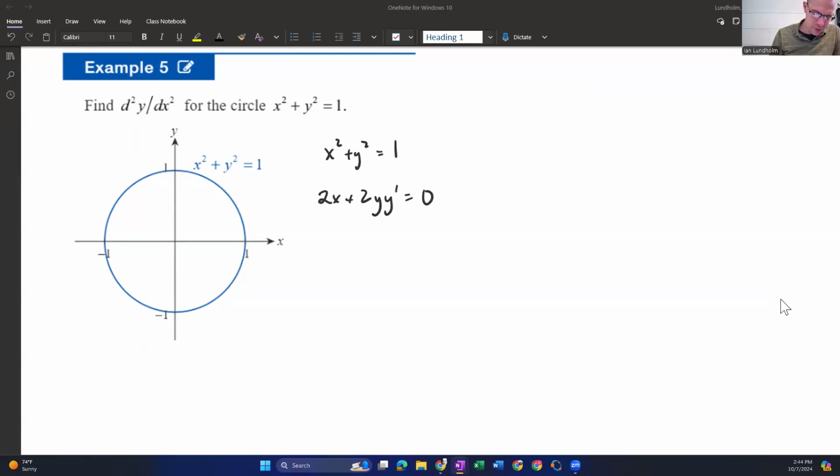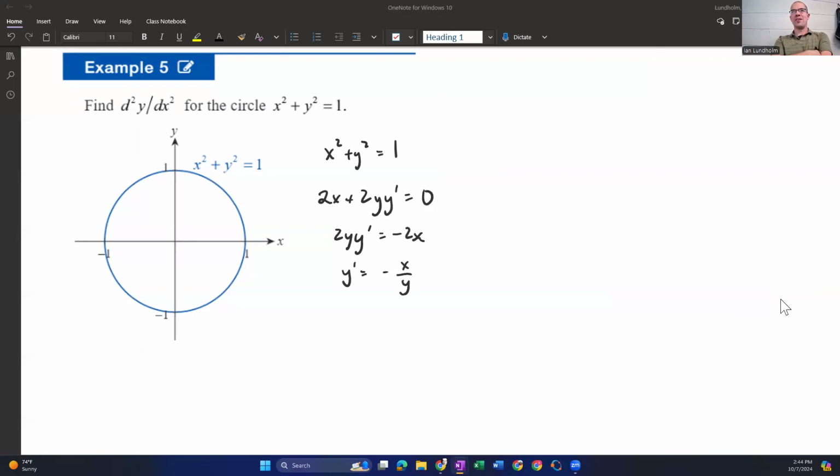At this stage, we could subtract 2x from both sides and then divide by 2y so that we get negative x over y as our first derivative. So that's pretty cool.